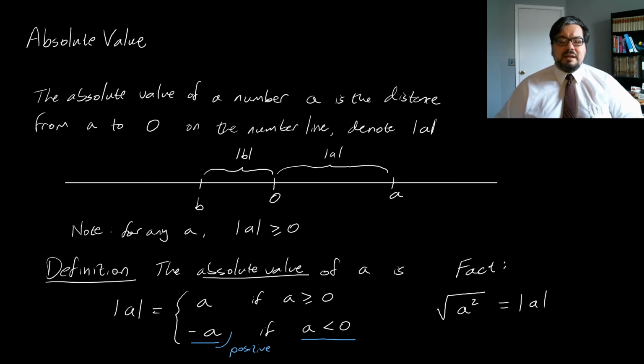So let's do a few examples to see how this works. So if I want to know the absolute value of 5, well, I can use the fact that the absolute value is either going to be 5 or the opposite of 5, depending on whether 5 is positive or negative. Now 5 is positive, which means the absolute value of 5 is just 5 back.